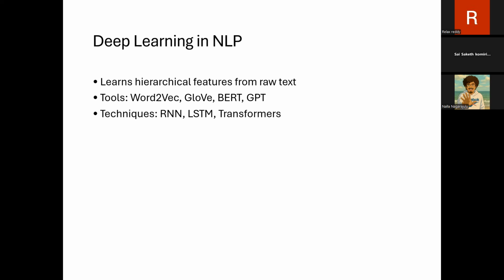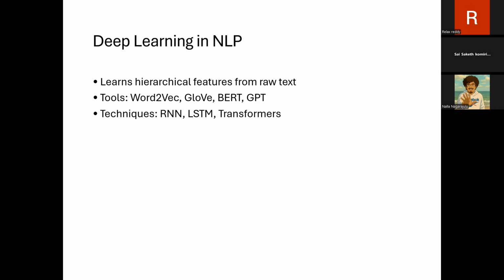Then the RNNs and LSTMs, which are great for sequence data, but even more powerful are transformers like BERT and GPT.